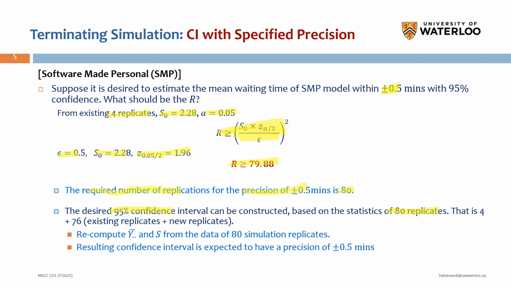Right now we do have 4 replications, so we need to run the simulation model for 76 more replications in order to have 80 replications in total, and then we need to recalculate y bar dot dot and s from the 80 replications data. Based on that we can form our confidence interval, which will have the precision of plus minus 0.5 minutes.